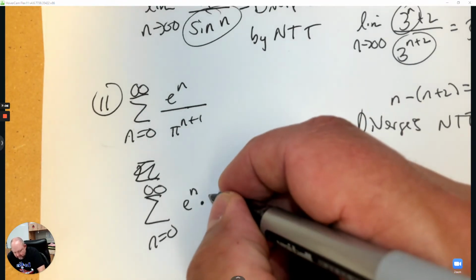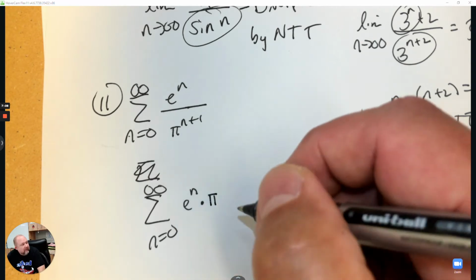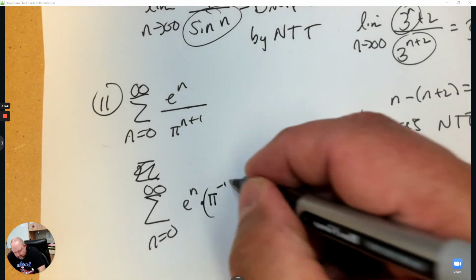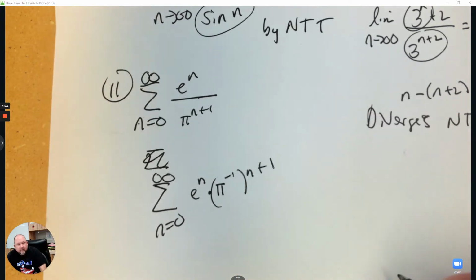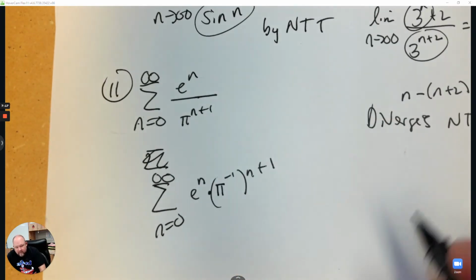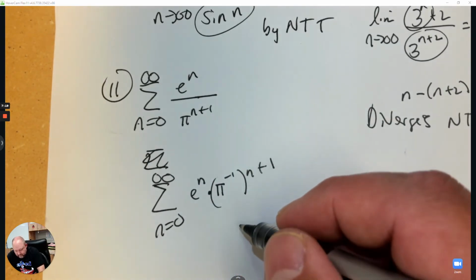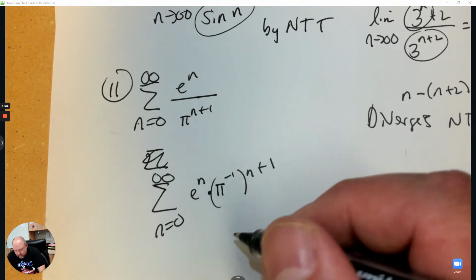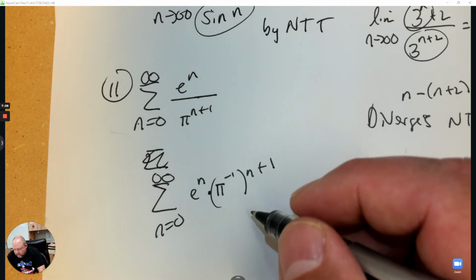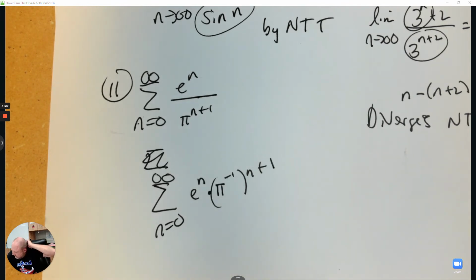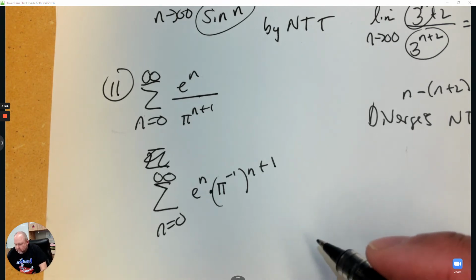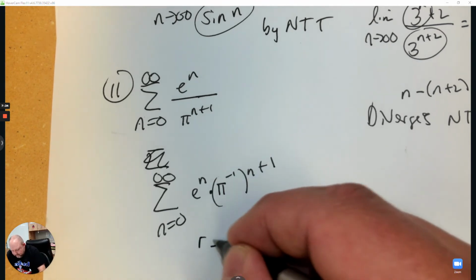But in order to do that, in terms of that, so it's geometric. The common ratio is e over pi. That's what it says.